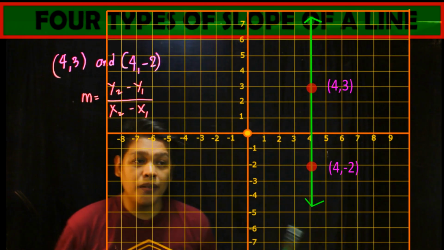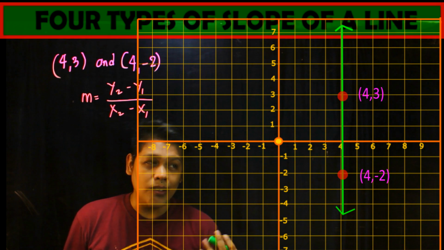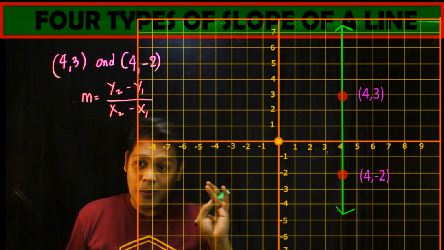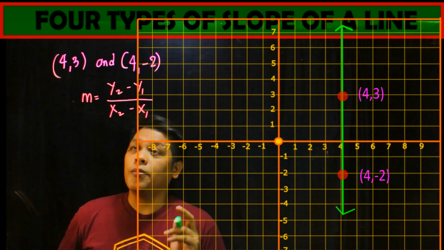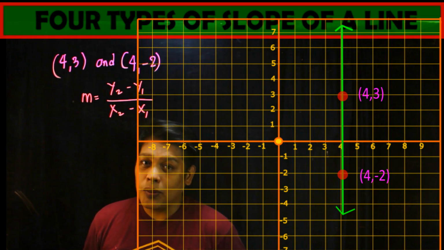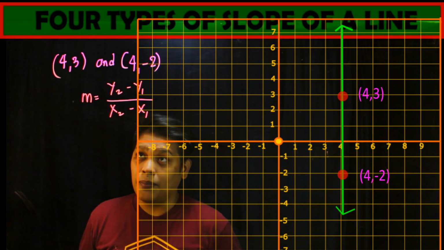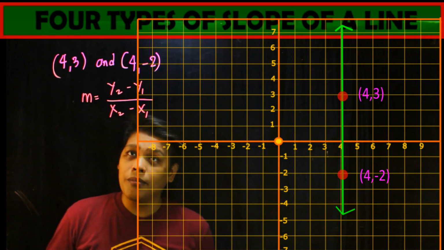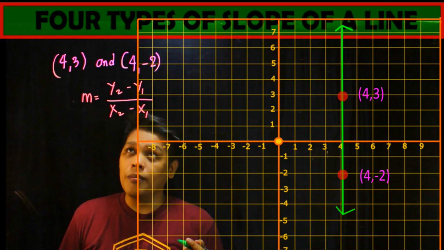So ito naman, for the undefined, tingnan natin. From this Cartesian plane, vertical naman yung line. So we will get two points. Point 1 is 4 and 3, and 4 and negative 2. Using our slope formula, y sub 2 minus y sub 1 over x sub 2 minus x sub 1, plug in the formula.